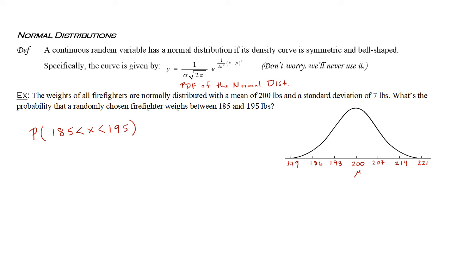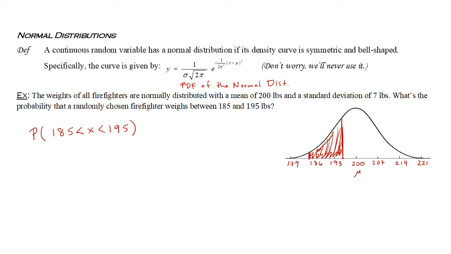So we imagine 185 might be something around here, and then 195 might be something maybe over here. So the area between those two values here represents the probability that we're going to try and be looking for.